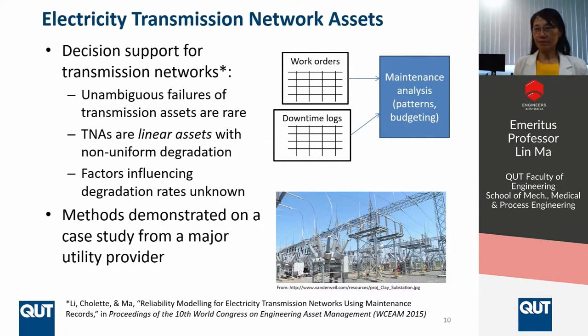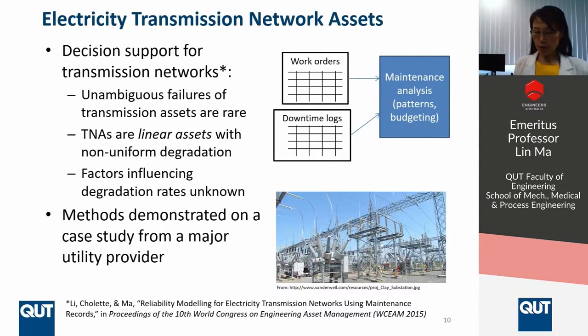And this is power transmission, electricity transmission. We know that the power transmission network has very few failures. You're not allowed to fail. So it's very difficult to model the health condition and the maintenance works.